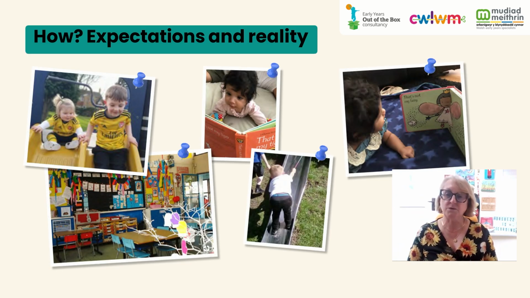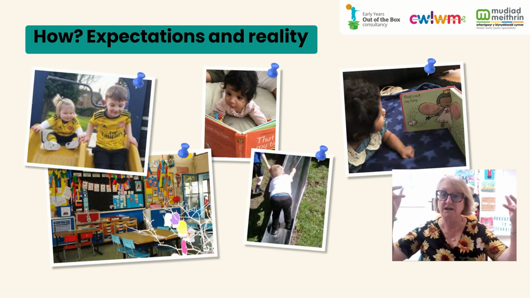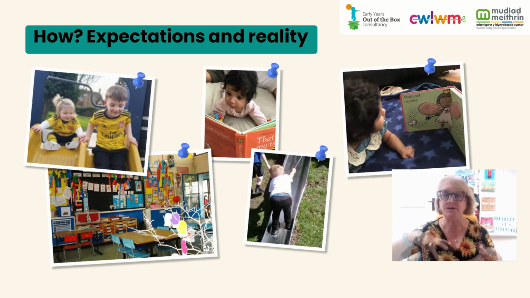That's brilliant because what he's doing is developing his muscles for writing with his shoulder girdle and his hand grip and his back and his posture, and so it goes on.